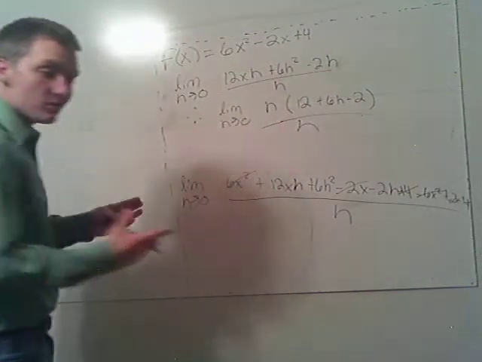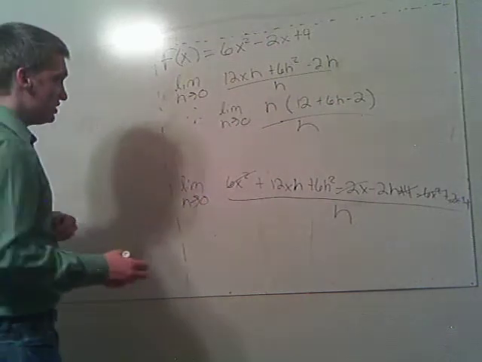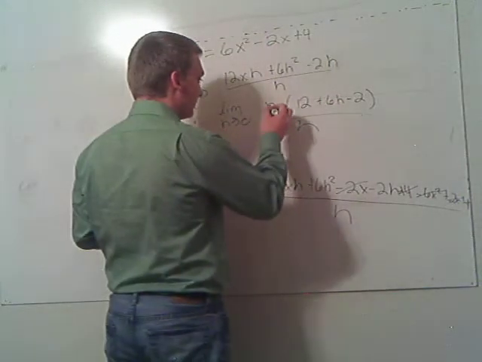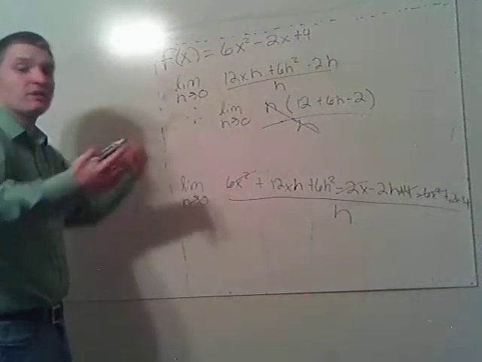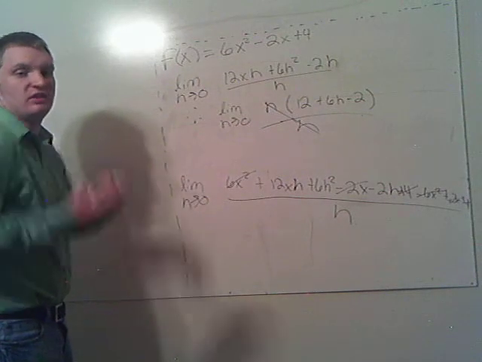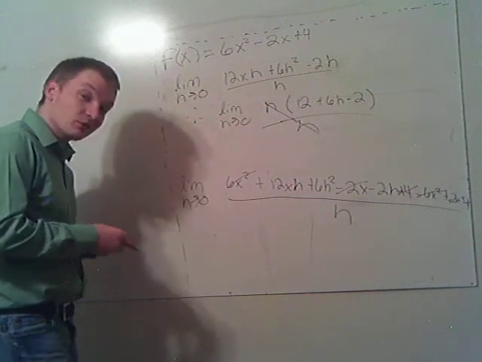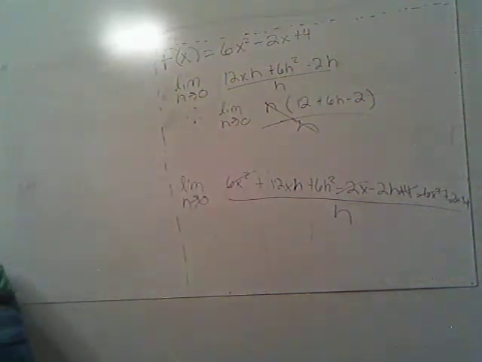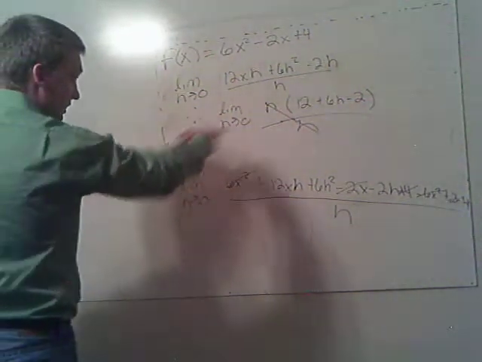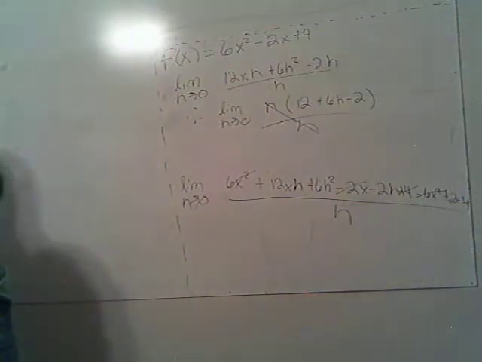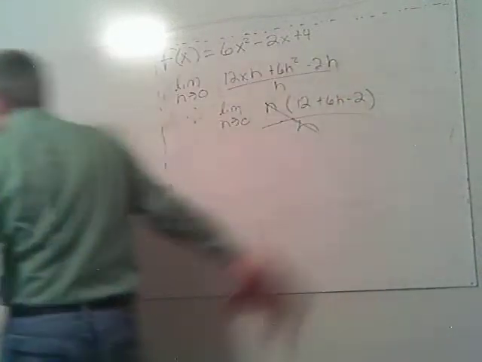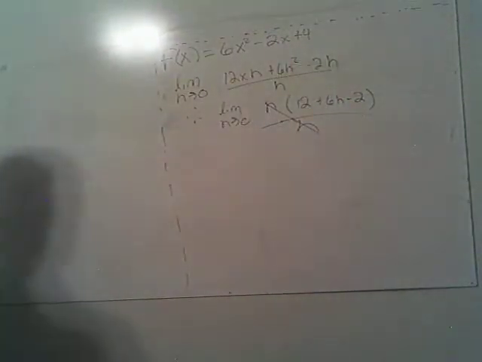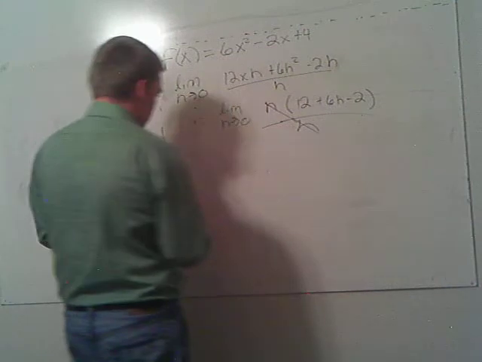And what we see here is, with the multiplicative laws, we can cancel that out. Anything over h over h equals 1, c over c equals 1, 6 over 6 equals 1. So all we have left, and I'm going to erase this part, I hope you have it, is the limit.